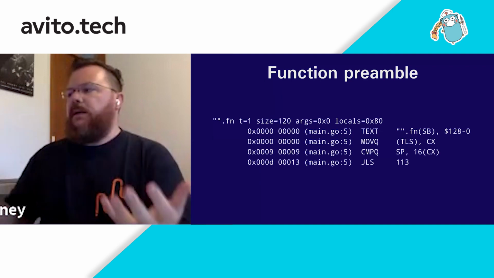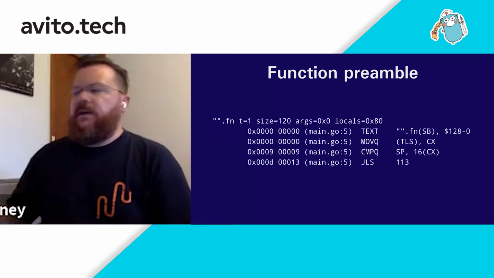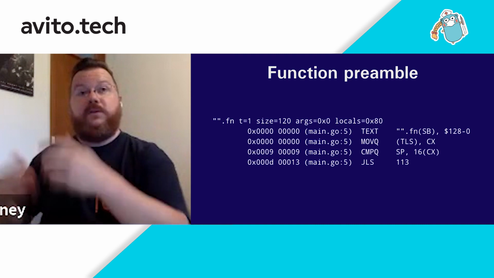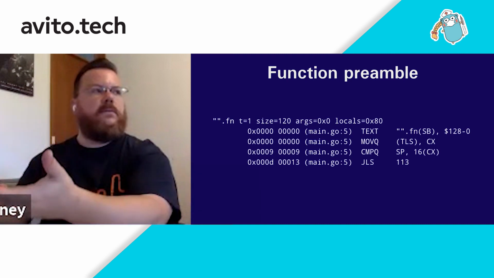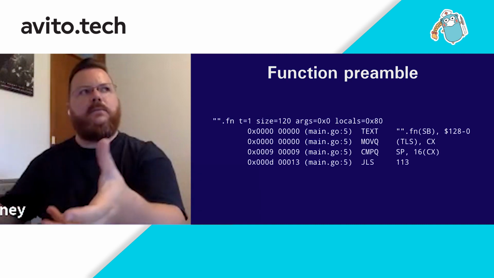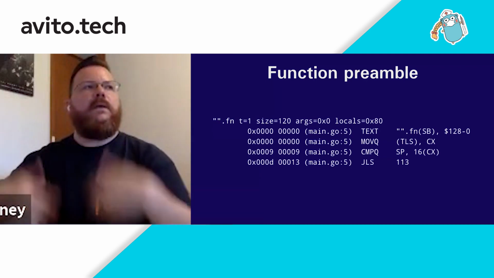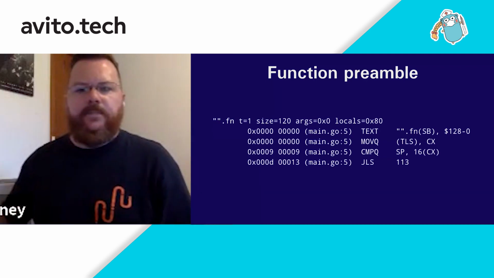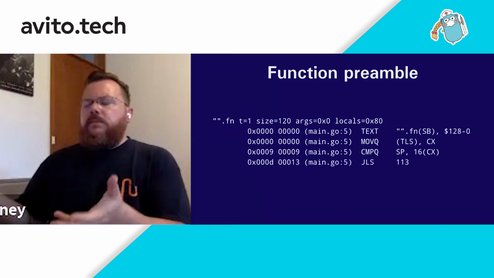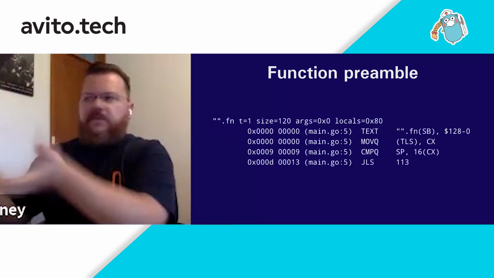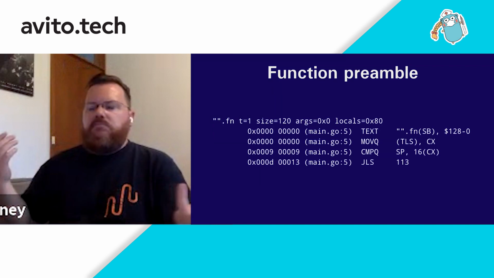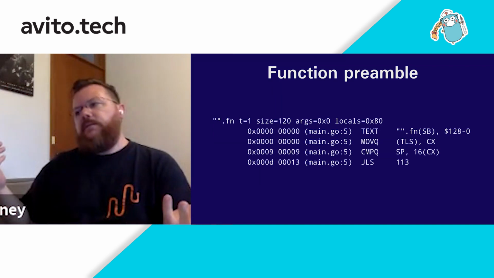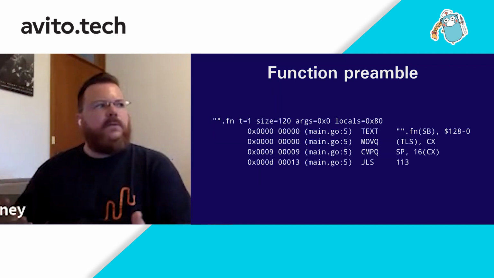If that fails, we JLS, which jumps down to the bottom of the function, which is basically a trap to the runtime. We grow the stack, we restart the function, it does its check again, it finds it has enough stack space, it keeps running. So these are three instructions. They take 13 bytes to encode.